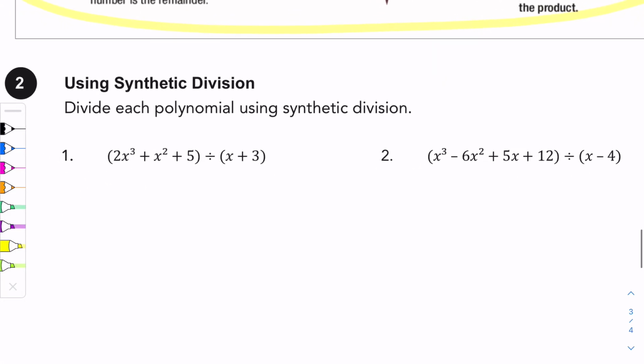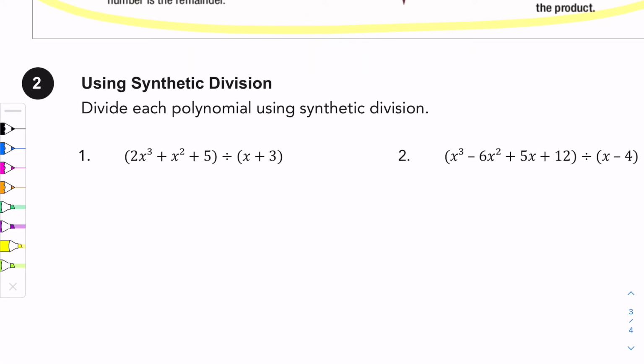Okay, so please follow along closely as I go through these next two examples with synthetic division. You still have to make sure your function is in standard form and that it includes every term. So I'm checking the first one.